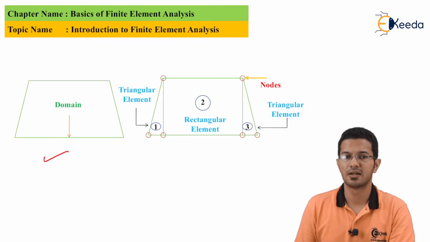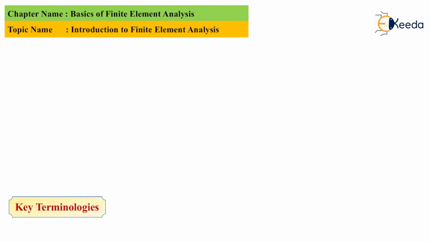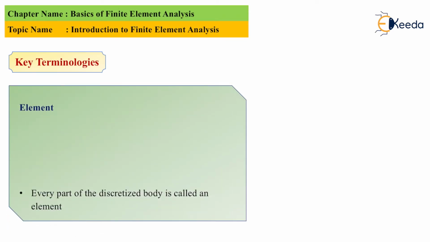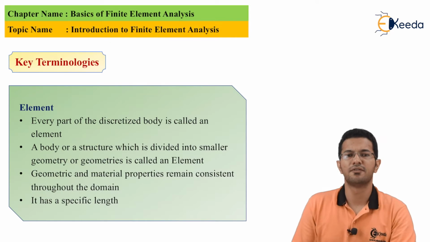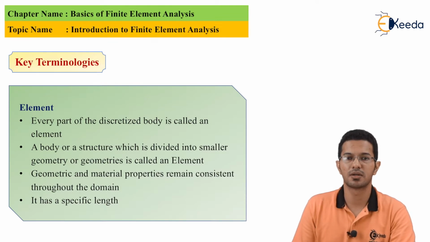Now, let us understand what are elements. In the finite element method, complex geometry is divided into simple geometric shapes called finite elements. There are also various types of elements. In the previous example of a trapezoid, we had divided the domain into three parts, which are two triangles and one rectangle.